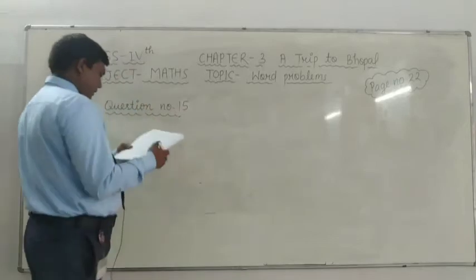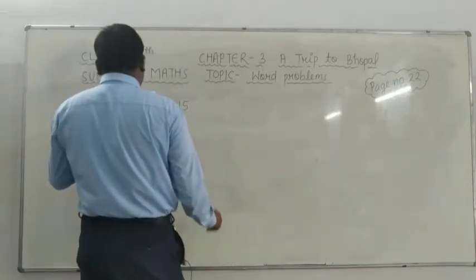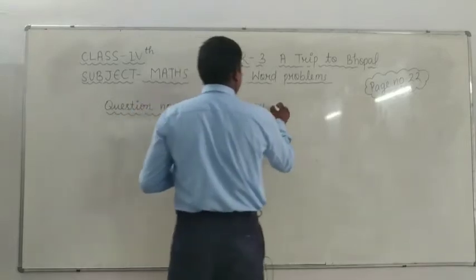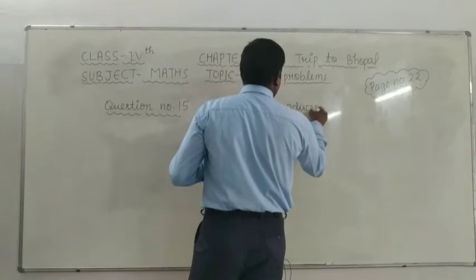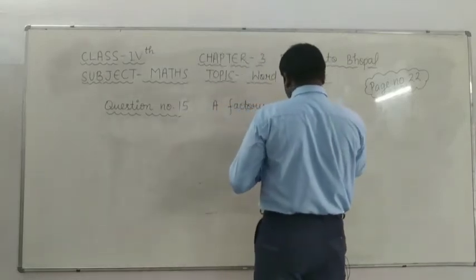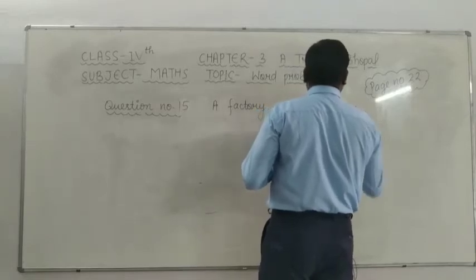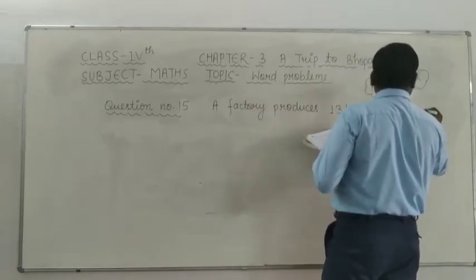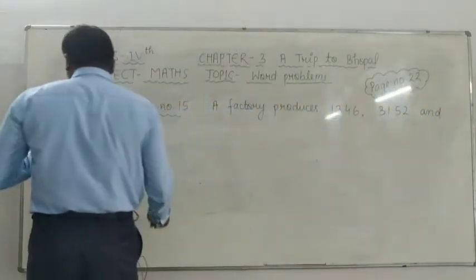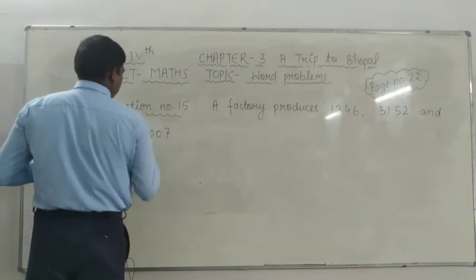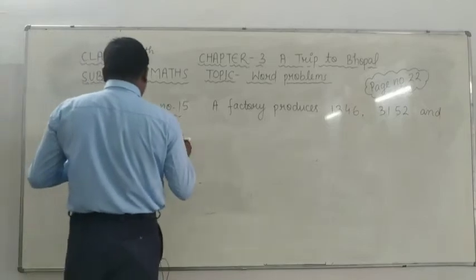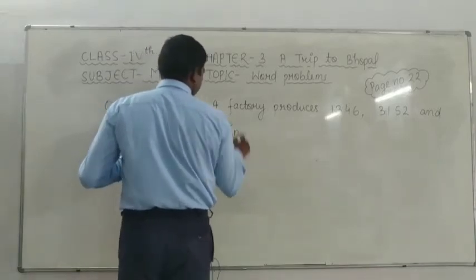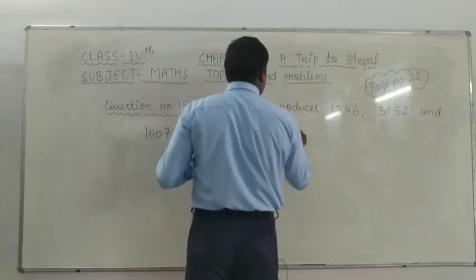Question number 15. Here it is given that a factory produces 1346, 3152 and 1007 bulbs in 3 days.